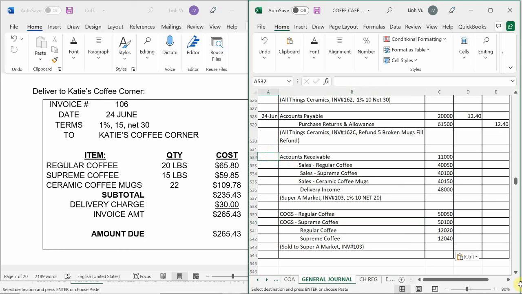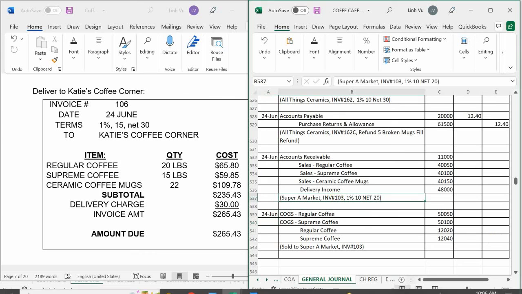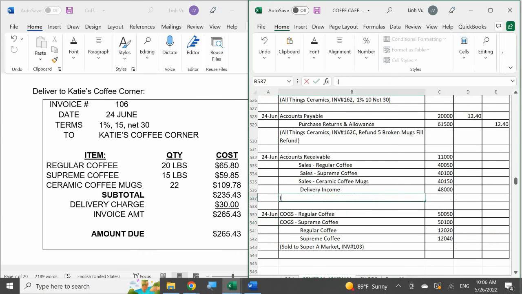So in this case, it is the 24th. Okay. So let's go ahead and change the description now so we can put in our numbers after. Okay.